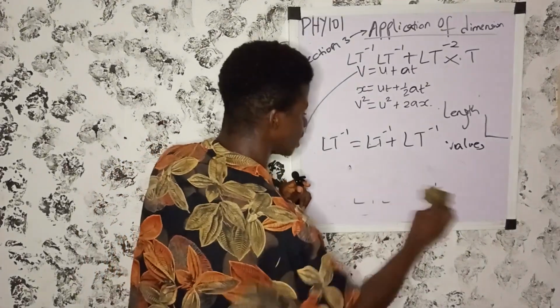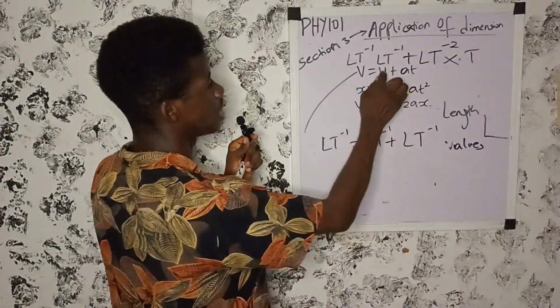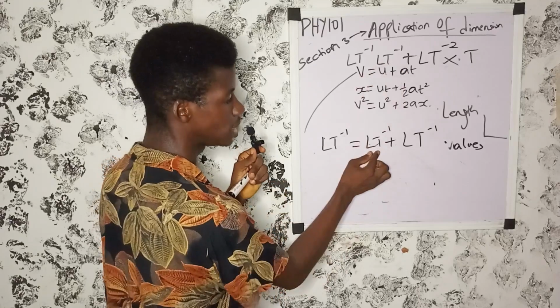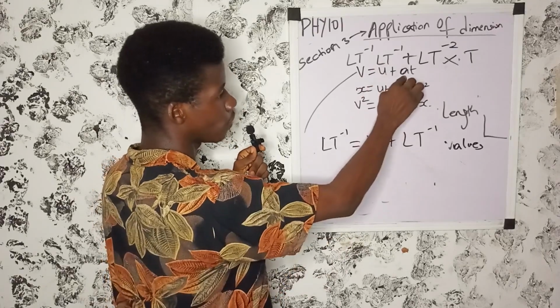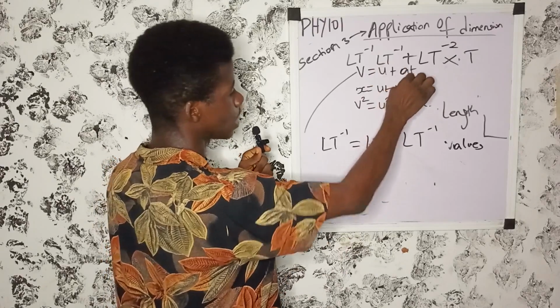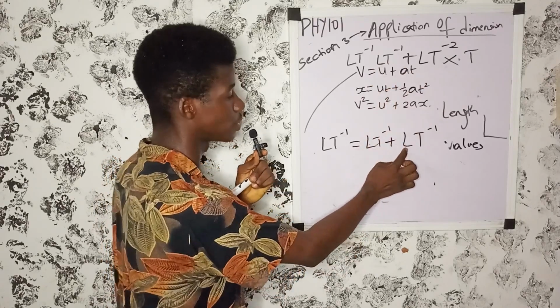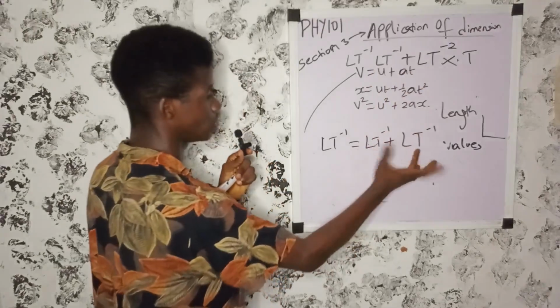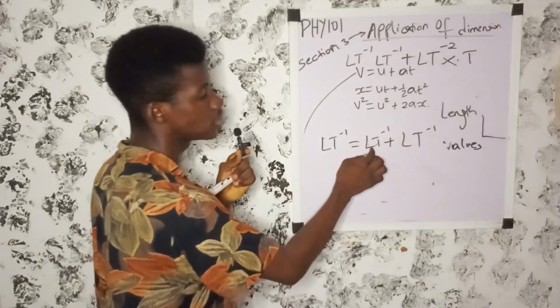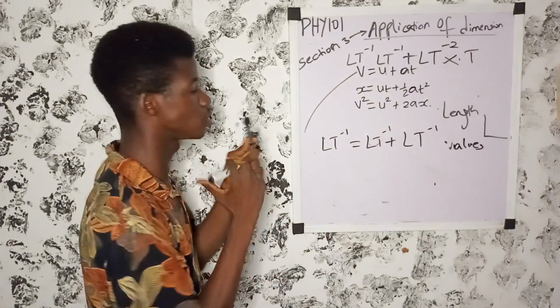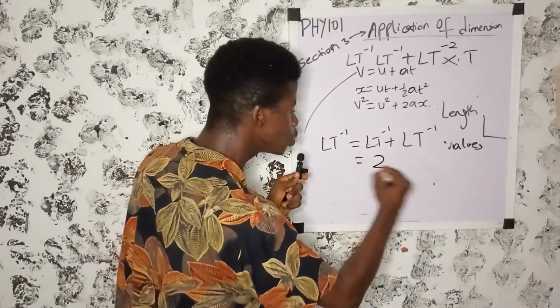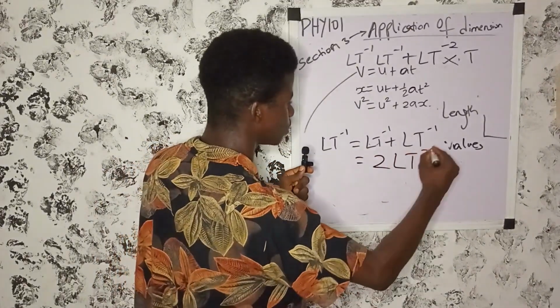Now if you look at it, dimension for velocity is L raised to power minus 1. Dimension for acceleration multiplying time will give us L raised to power minus 1. Now if you look at these two, they are the same. So L raised to power minus 1 plus L raised to power minus 1 will give us 2L raised to power minus 1.